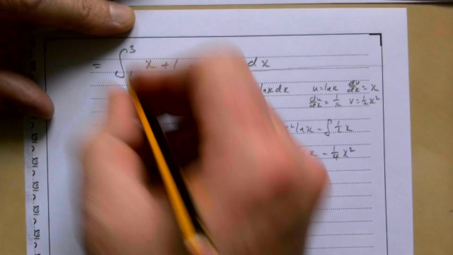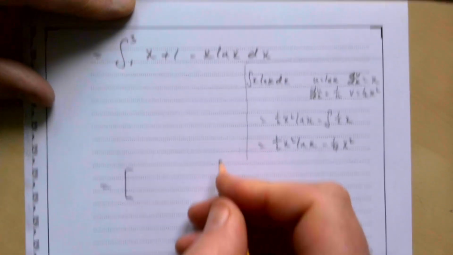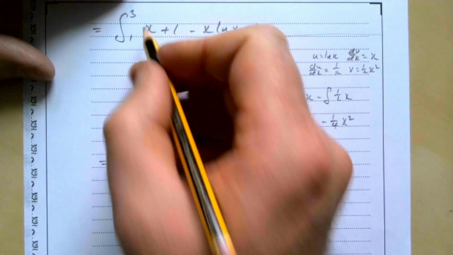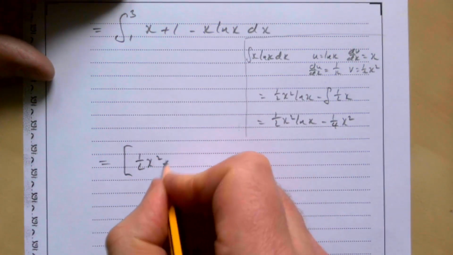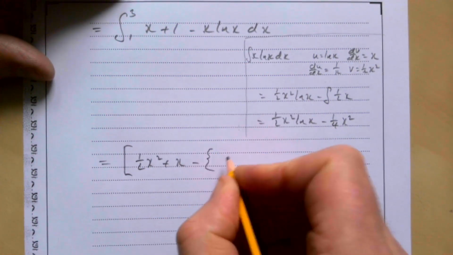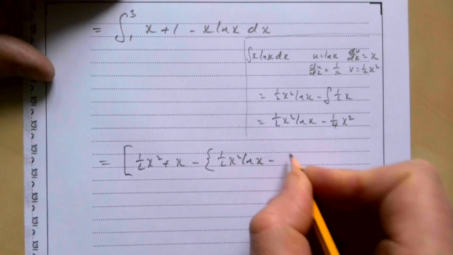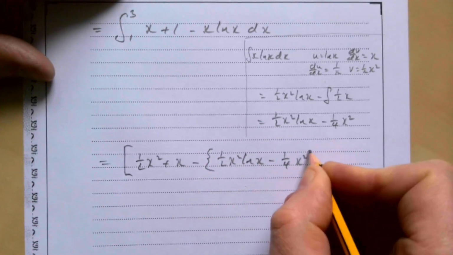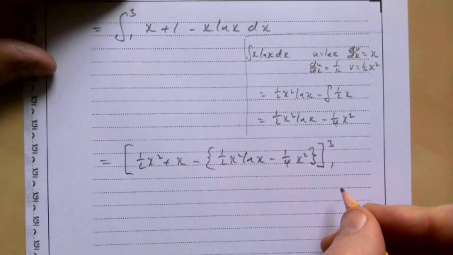That means this, whenever we integrate it, is going to turn into a half x squared plus x, take away, and again, as I said, a half x squared ln x minus a quarter x squared, and that's between 3 and 1.